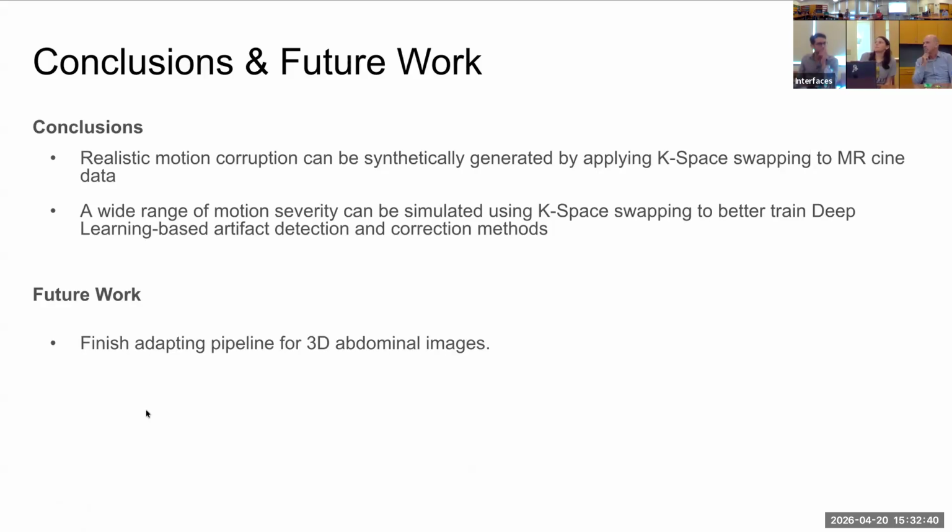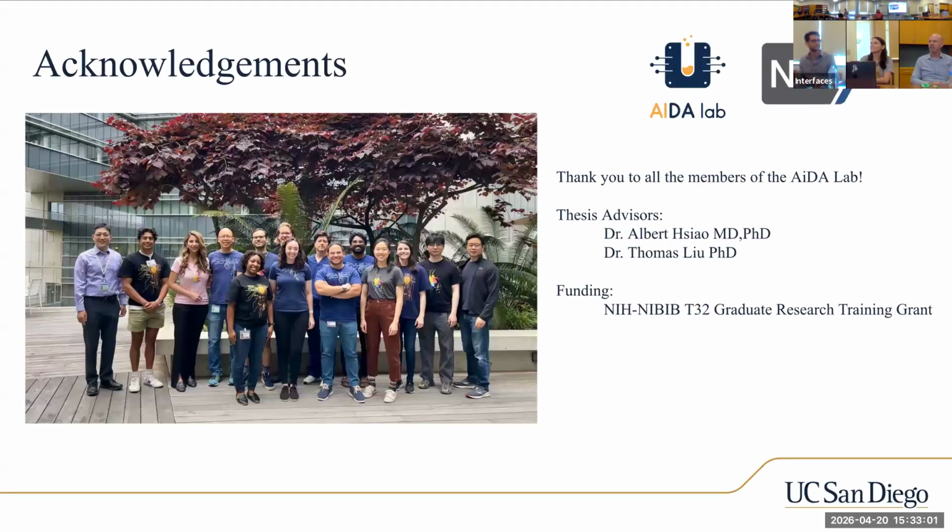Our conclusion is that realistic motion artifacts can be synthetically generated using this kind of simulation technique, and a wide range of motion severity can be simulated using this method to better train deep learning based methods for artifact detection and correction. My future work is to finish the 3D abdominal images that we're now working on. Thank you to the training grants as well as my lab.